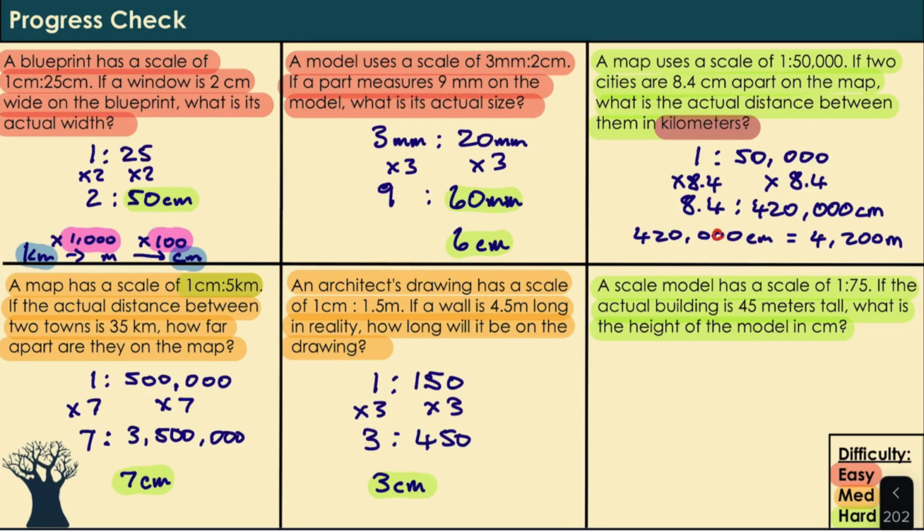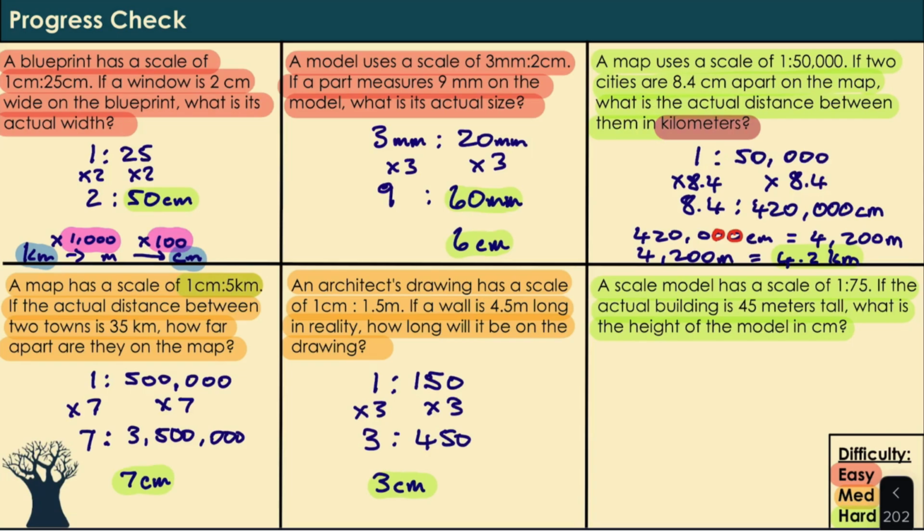As you can see, we've taken off that 0 and that 0. Now to convert meters into kilometers, we divide by 1,000. So 4,200 meters equal to 4.2 kilometers.